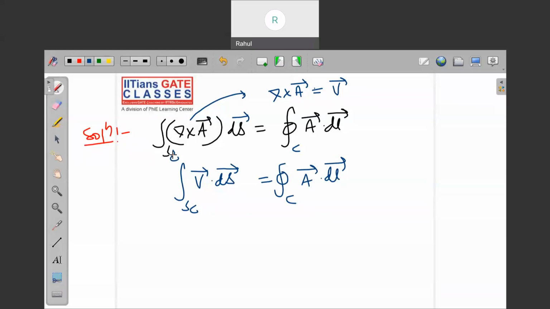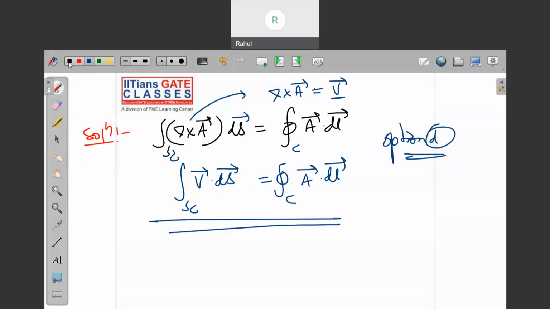This can be replaced by the curl of A, which you find with another vector V. So option D will be correct. This kind of problem can be asked in the examination, so keep this in mind. The open surface should be there, and this should be over a closed contour, or a closed line. So please keep this in mind.